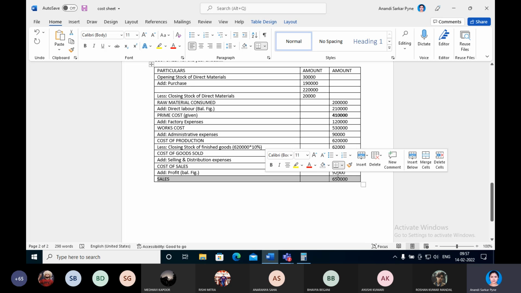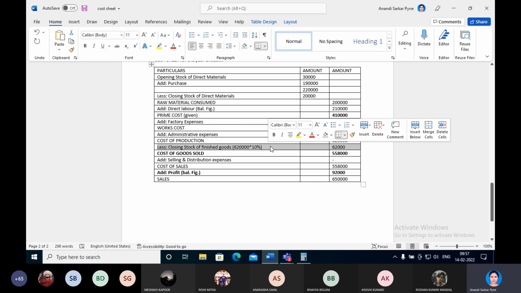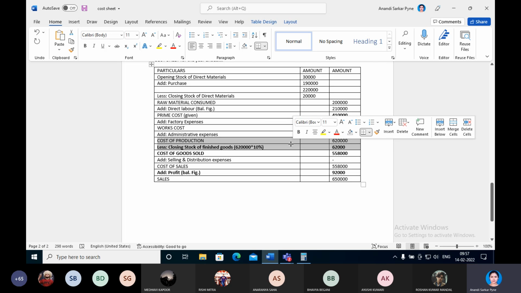So we have found out profit with the help of adding it with cost of sales. Basically cost of sales or cost of production is the same, which is 5,58,000. This one is also important because here we deducted the closing stock, which we usually do, from the cost of production.